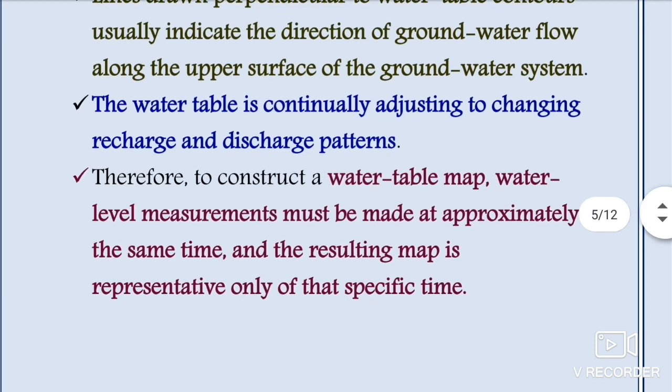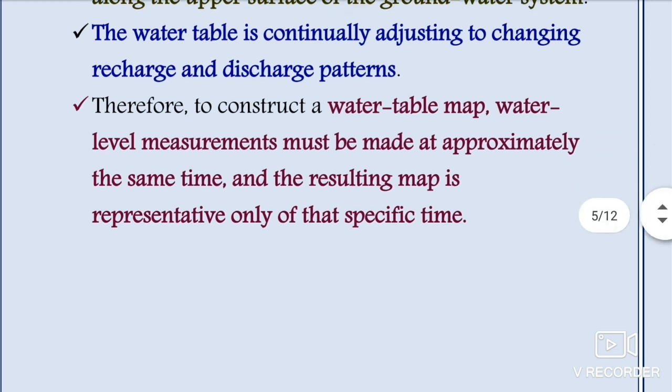The water table is continually adjusting to changing recharge and discharge patterns. We all know that the water table is fluctuating, it's not a straight line, and that depends upon the changing recharge and discharge patterns.